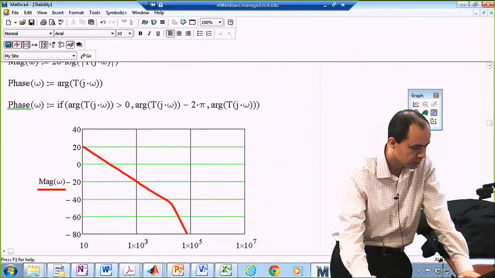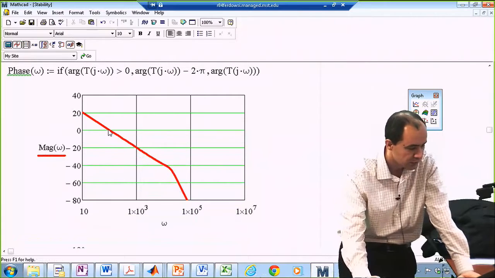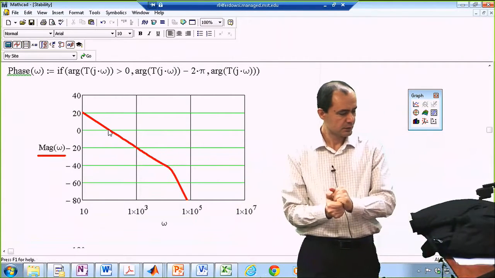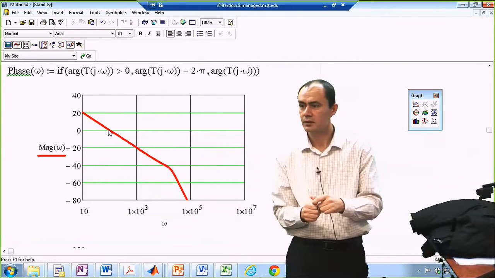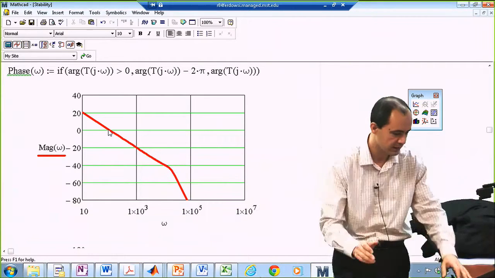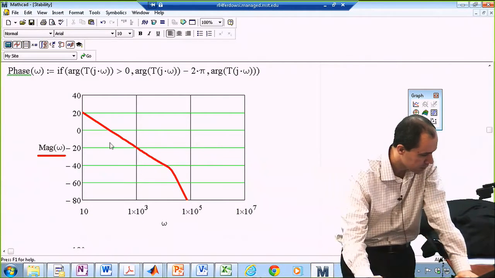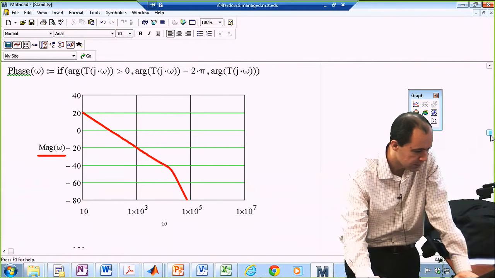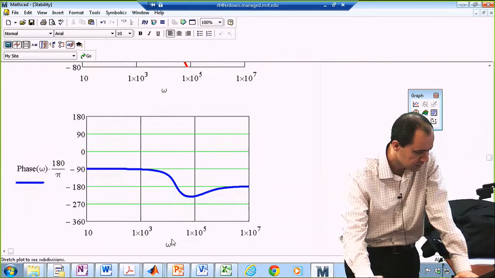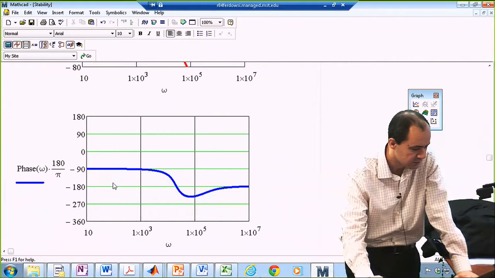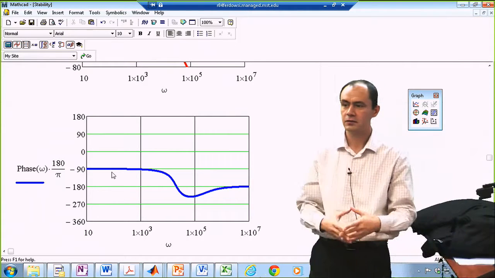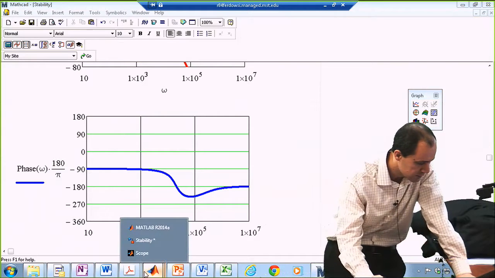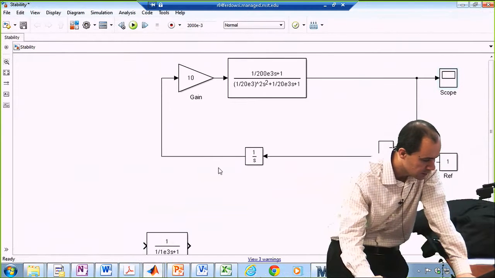Okay, now as you can see, the crossover frequency is moving to the right. Now it's probably somewhere between 10 and 1,000. I'm sorry, it might be maybe 100 or something like that. And in terms of stability, the system is still stable with a phase margin of 90 degrees. So let's look at the time domain simulation and see if they agree with each other.